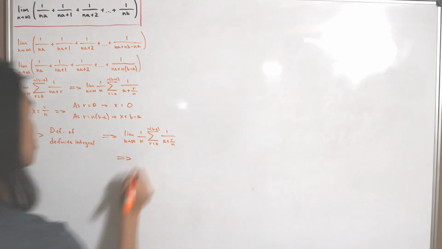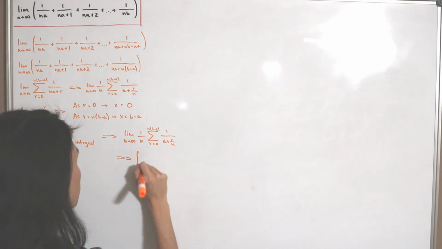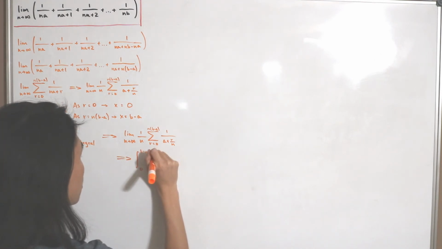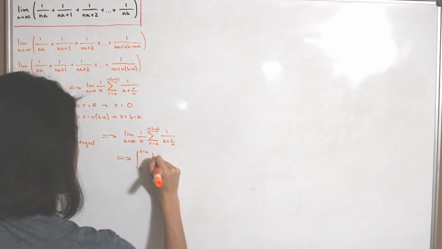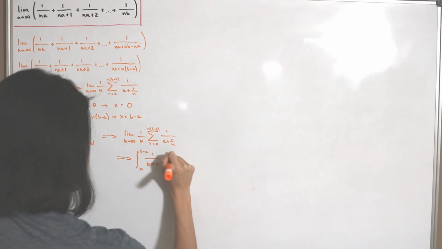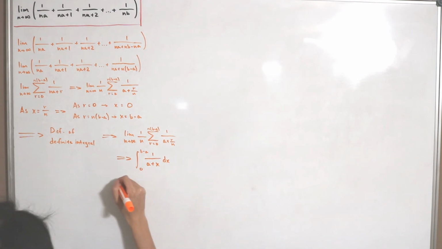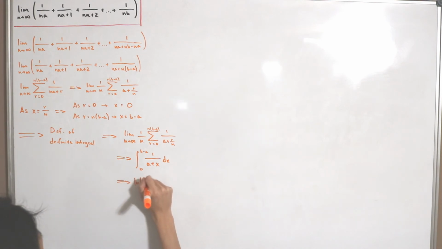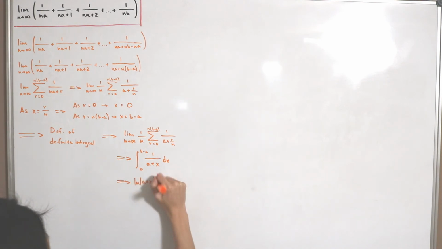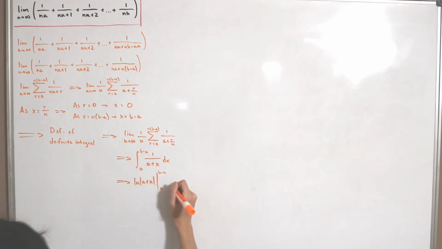That simply equals the definite integral from 0 to b minus a of 1 divided by a plus x dx. That's not difficult to show, because taking this antiderivative is just the natural log. So we get the natural log of a plus x, evaluated from 0 to b minus a.